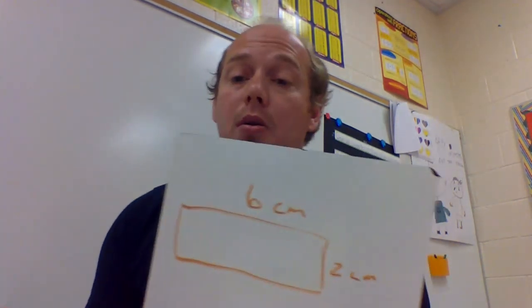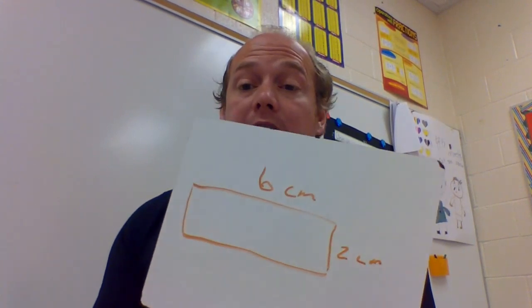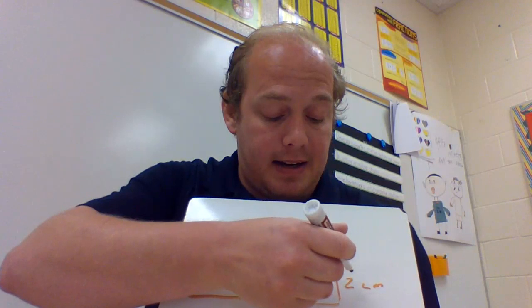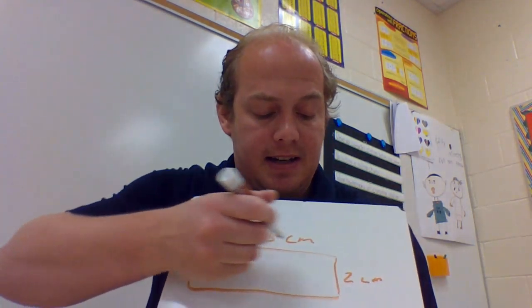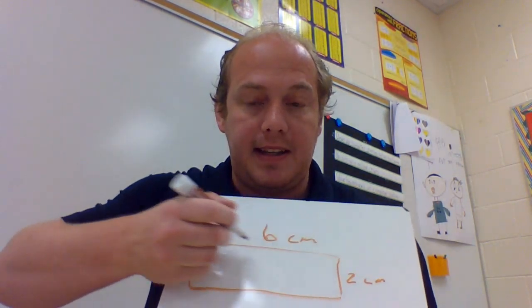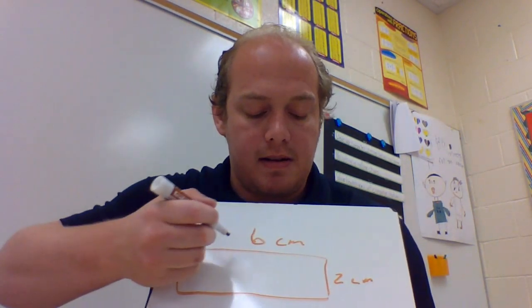All right. So the way we're going to find area is we're going to multiply this side by this side: the length times the width. This is the length. Remember, length is long ways, and width is up and down. So 6 times 2 is what, guys? 6 times 2 is 12.